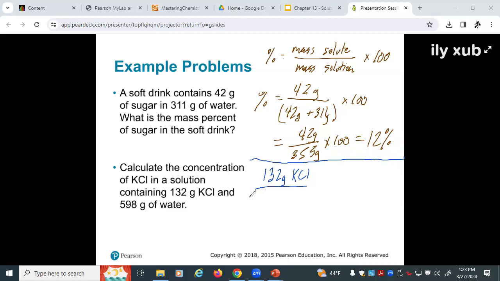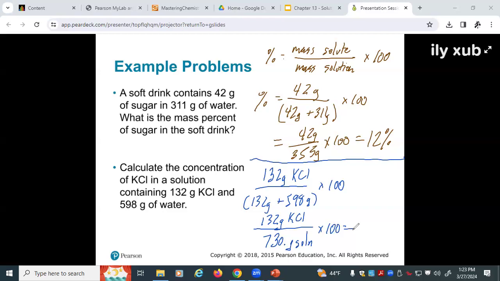My solution would be the 132 grams of KCl plus the 598 grams of water. 132 plus 598 is 730 grams of solution times 100.